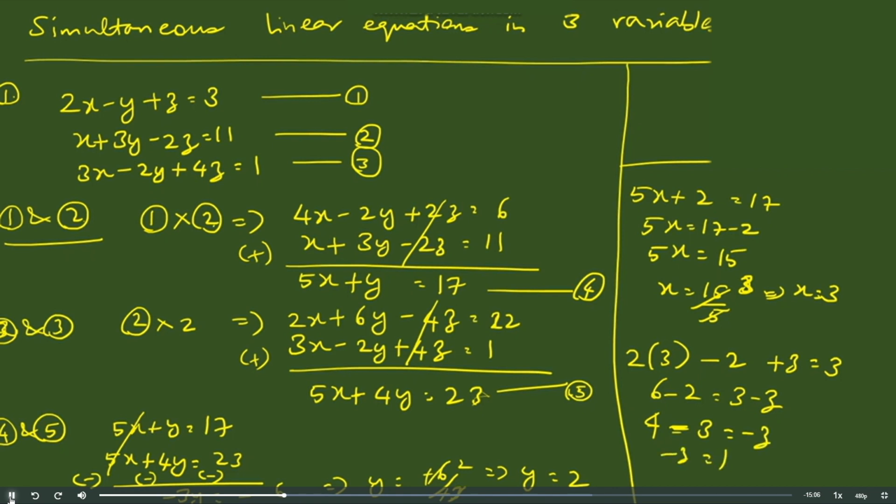Minus z equals 1. z is equal to minus 1. Therefore, x is equal to 3, y equals 2 and z equals minus 1. This is the answer.